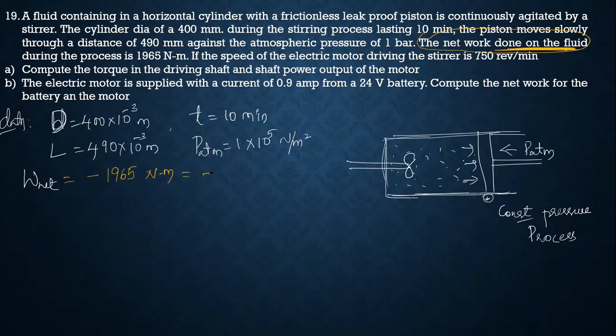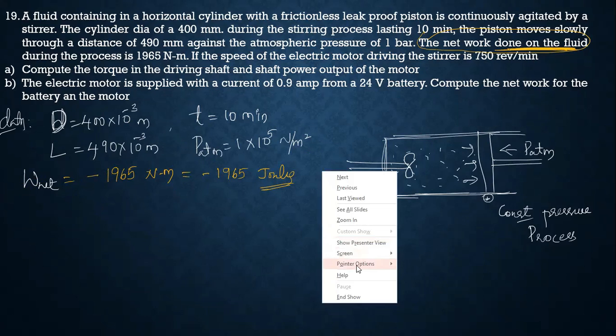Newton meter is nothing but minus 1965 joules. Work done on the system.